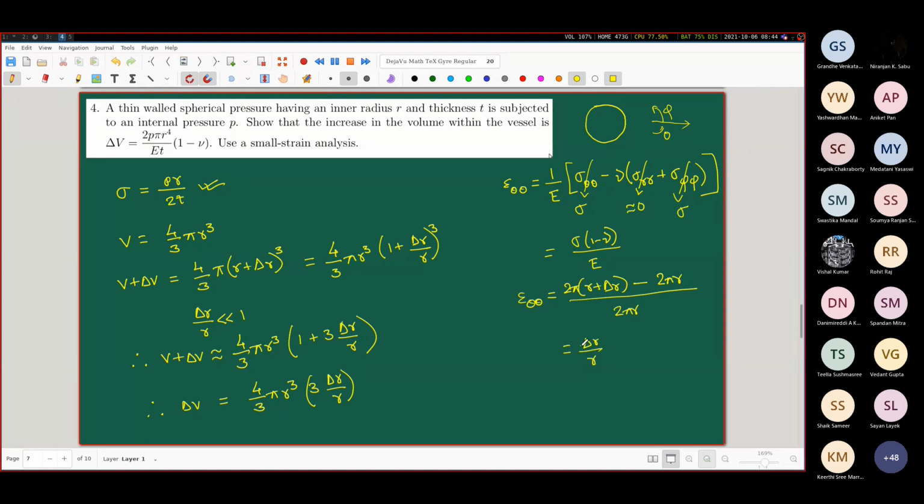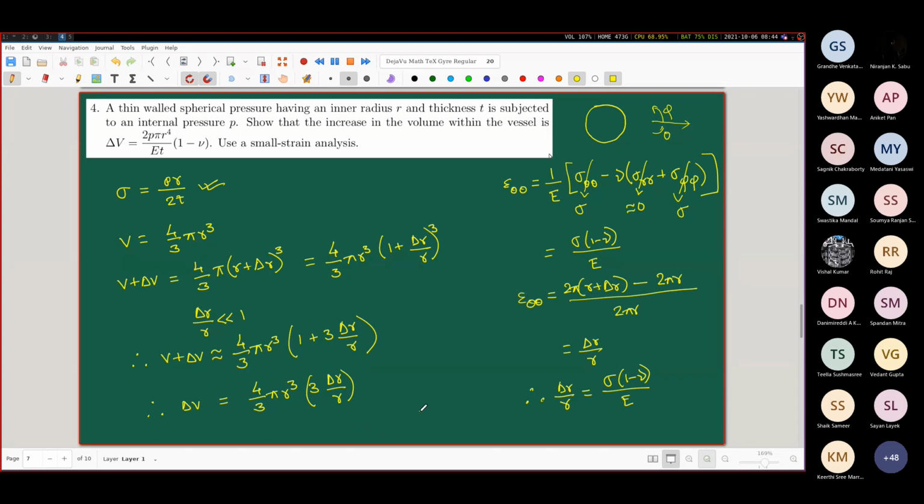So you have your formula for this, delta R by R, which is what you need here. So delta R by R is going to be equal to sigma into 1 minus nu by E. And sigma, you know the formula: PR by twice T. Just substitute the values properly here, and we'll get the answer.